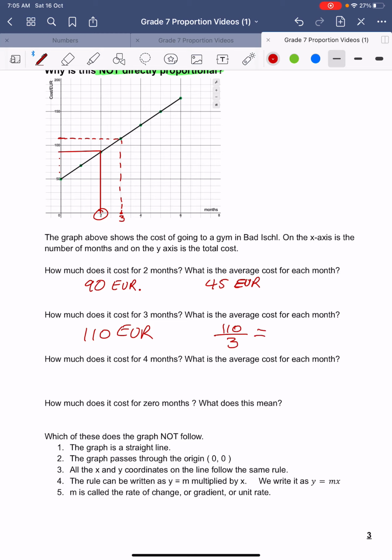If you do that in your calculator, 3 times 30 is 90, and we've got some left, so I think that's 36.67 if we round it to 2dp. So the total is 110 euros, but the average per month is 36.67. So you can see it's a different average.